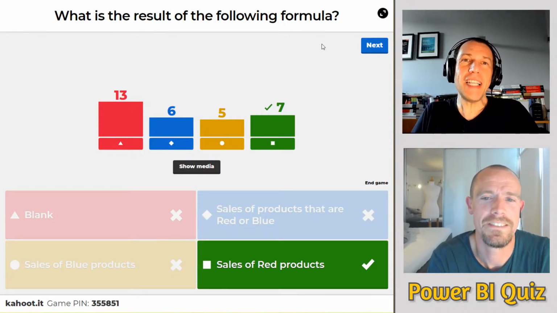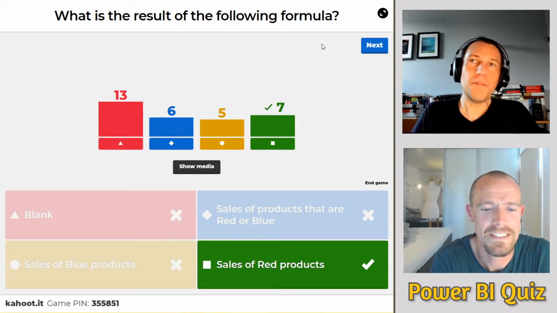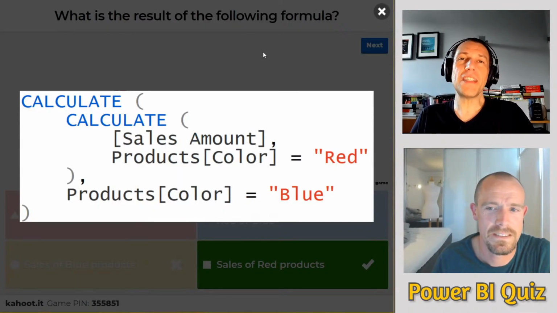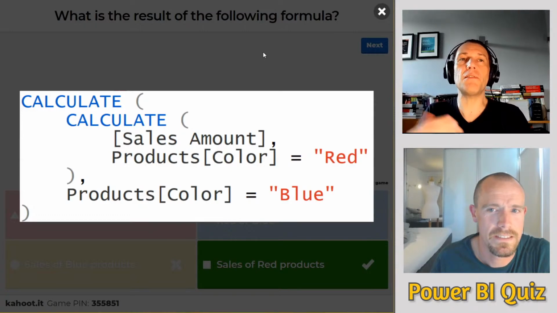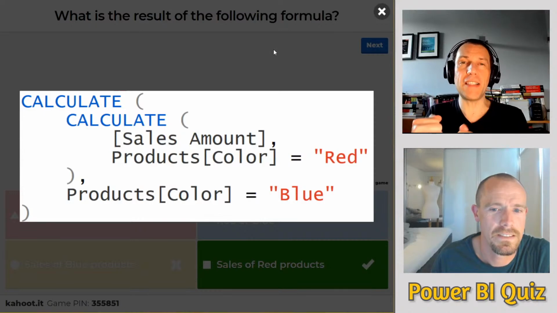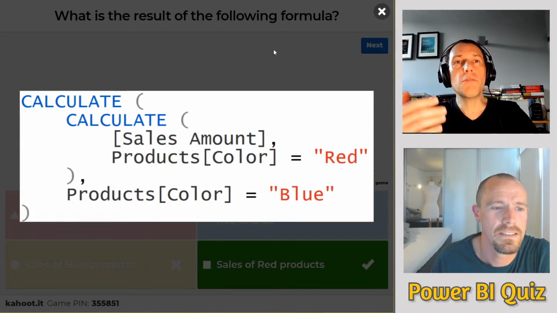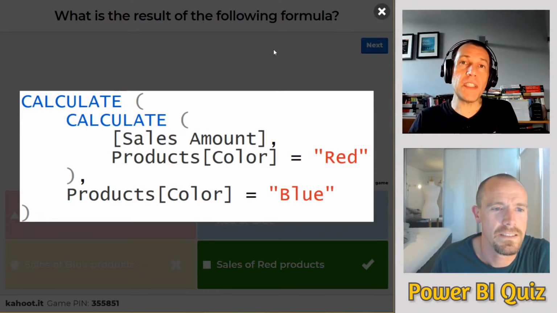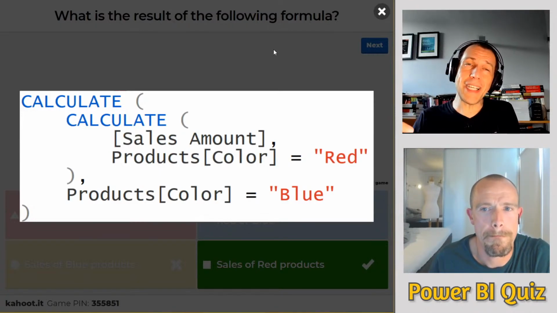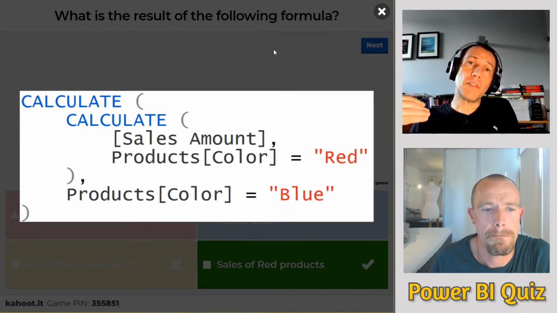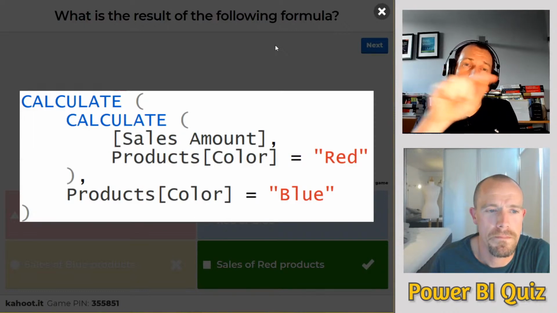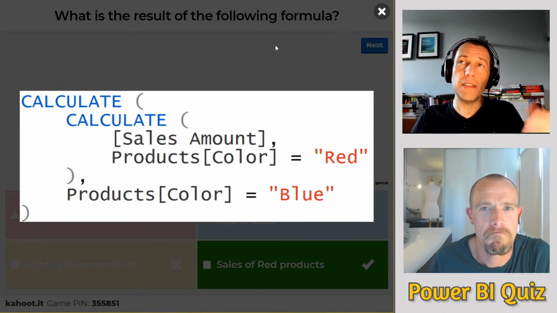So, the right answer is sales of red products. And many people said blank because you see two different filters that seem to contradict each other. But the thing is that the innermost CALCULATE overrides the external filter because we didn't include a KEEPFILTERS that would have provided blank as a result. So who answered blank would have provided the right answer if the innermost CALCULATE had KEEPFILTERS around the product's color red.